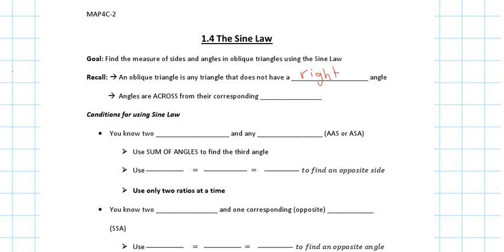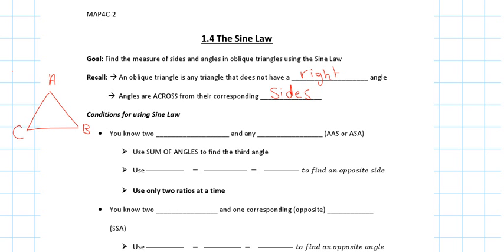Triangle. And then remember, just to recall, angles are across from the corresponding sides. Remember what we talked about when I name my triangle. I name it, let's say, angle A, B, C. The angles are in capital letters, and the sides are in lowercase letters, and the side corresponds to the angle.